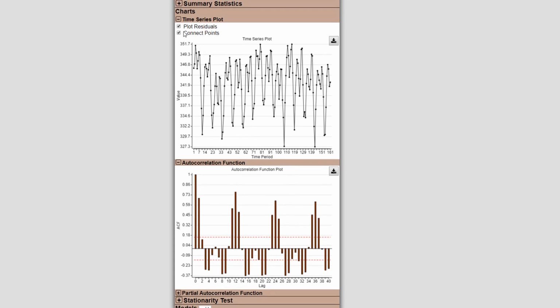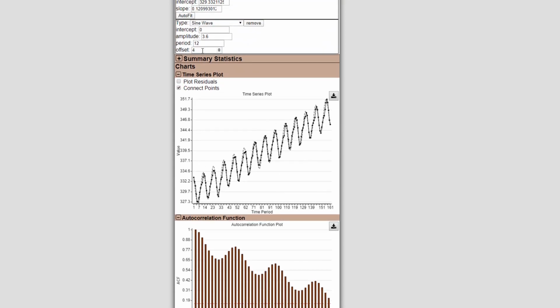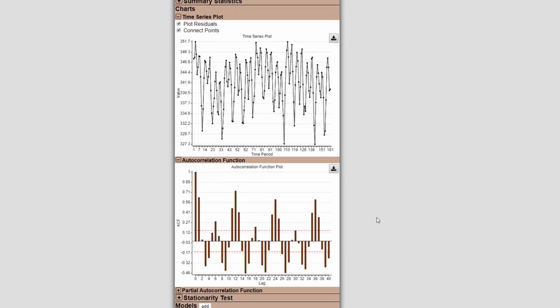If I was just trying to get the dotted line of this fit to match nicely, you can see how changing the amplitude has an effect here. Okay, so it looks like an amplitude of 3.3 looks pretty good. However, that's not going to take care of all of my autocorrelation. There's still a lot of autocorrelation.